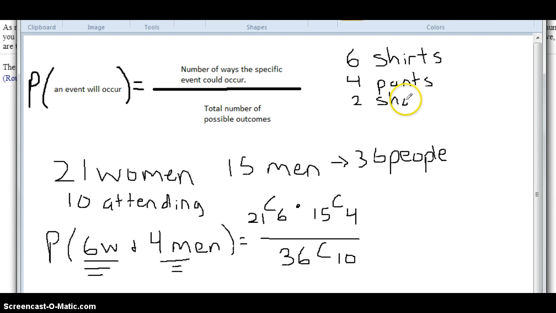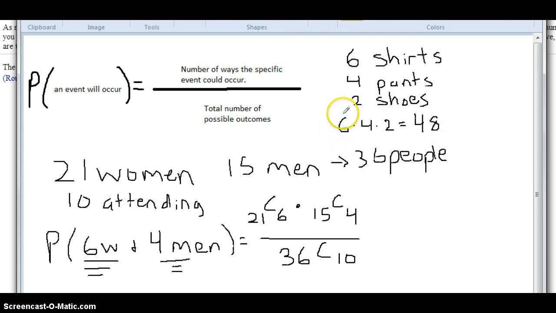How many outfits can you make? Well, you're going to choose one thing from each of these. You have 6 choices for the shirt, multiplied by 4 choices for your pants, multiplied by 2 choices for your shoes. The fundamental counting principle says there'd be 48 total different outfits.